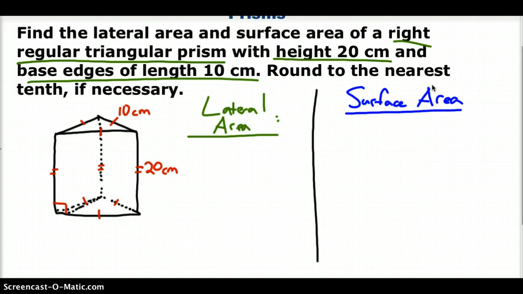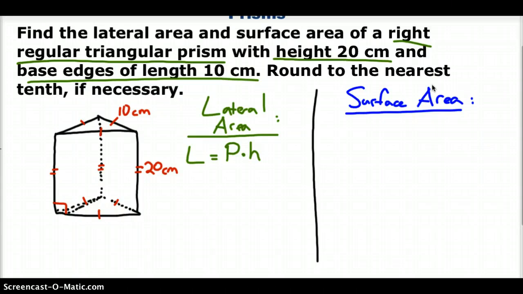Okay, so a couple things that we are actually interested in. So for lateral area, what we're looking for is, we're going to say L equals the perimeter of the base, which is just P, multiplied by our height.